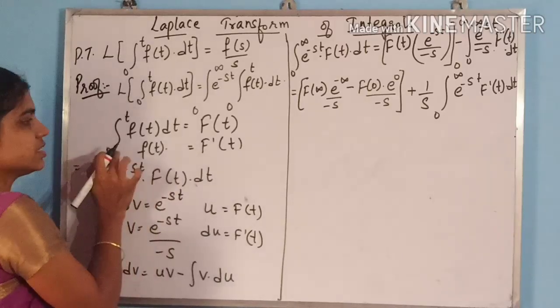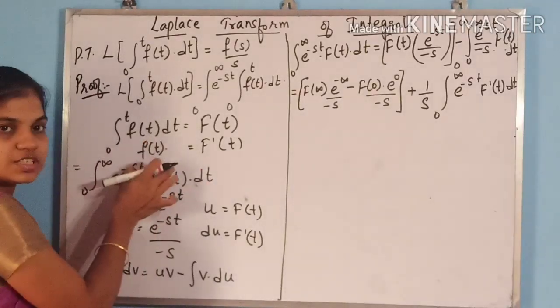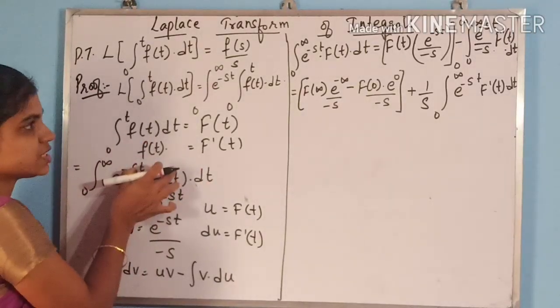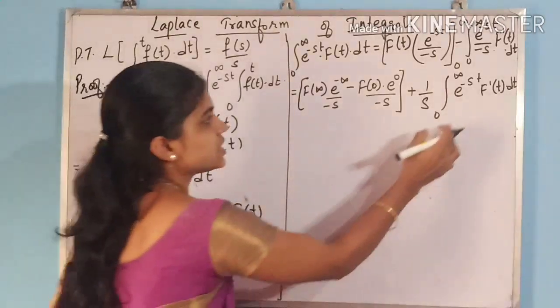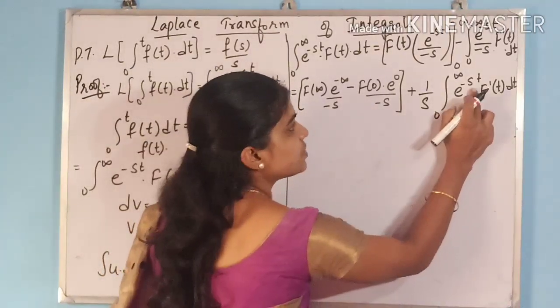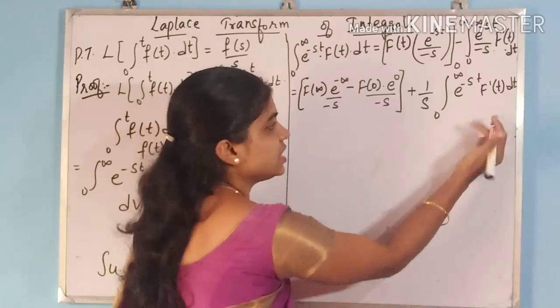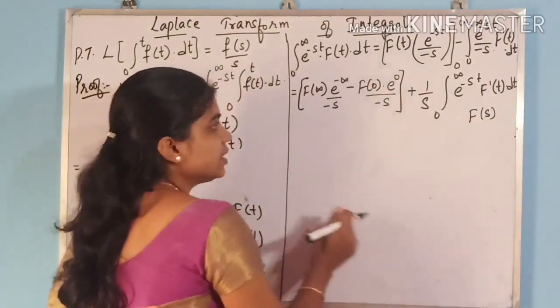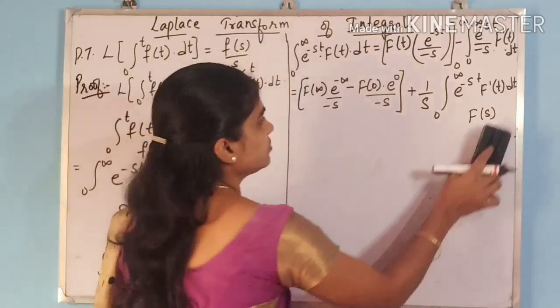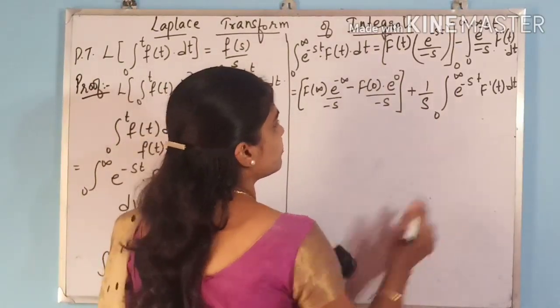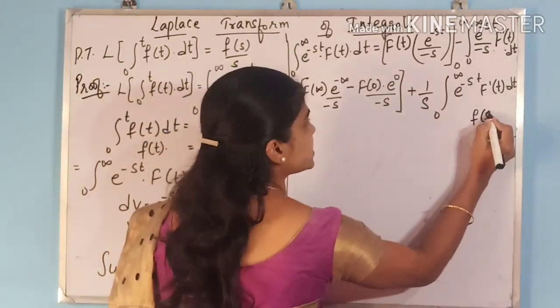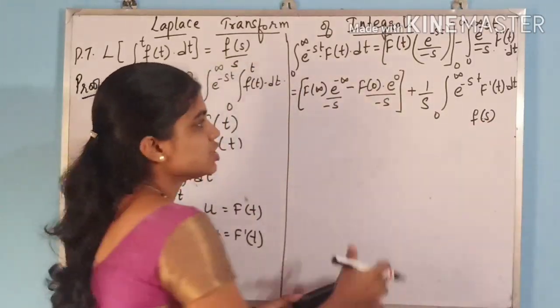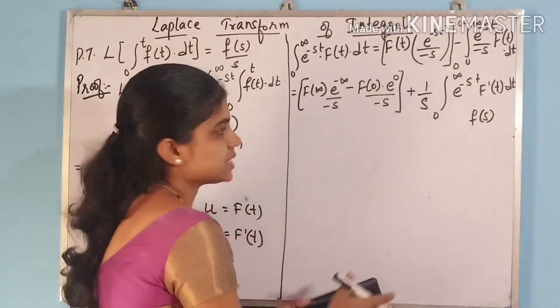That is, the differentiation of the integration will become the function of t itself. So F prime of t means it is f of t. So e raised to minus st into f of t dt, I can write it as capital F of s, or f bar of s. So this is F of s by s.